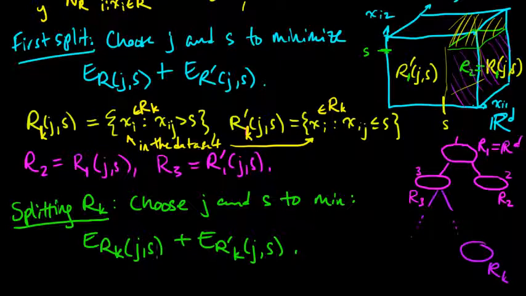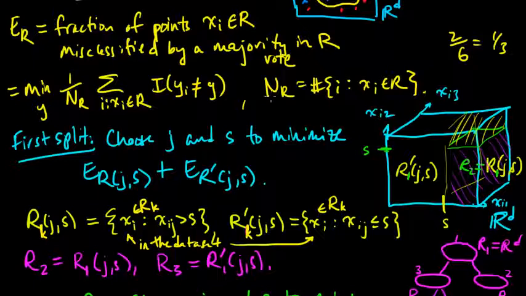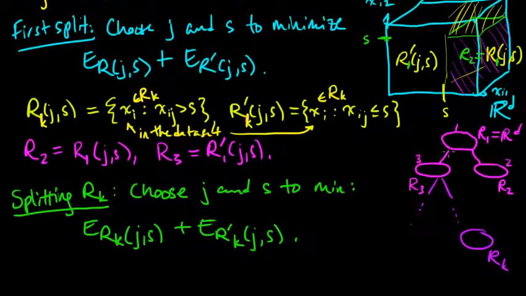And we're minimizing the sum of the misclassification error that would arise by classifying the points in each of those two regions according to a majority vote in that region. This gives us a procedure for building this tree.